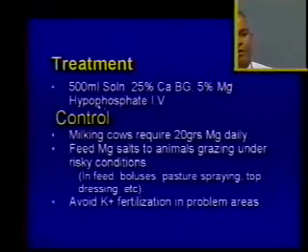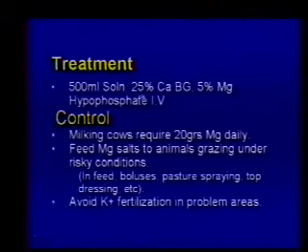Treatment is 500 ml of a 25% calcium borogluconate solution, because remember that these animals also have a hypocalcemia component, so we want to take care of the calcium deficit, and we want to have about 5% magnesium in a hypophosphate solution.